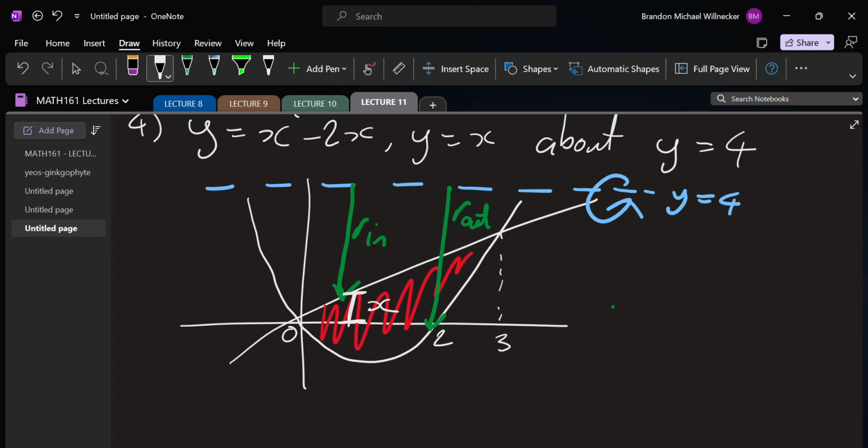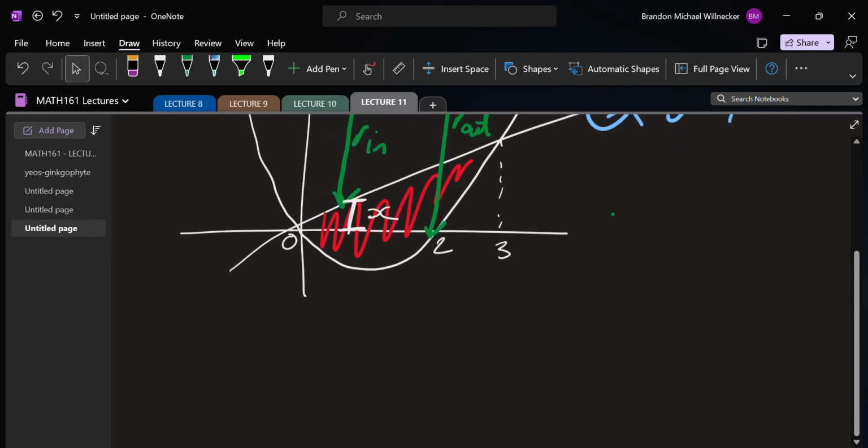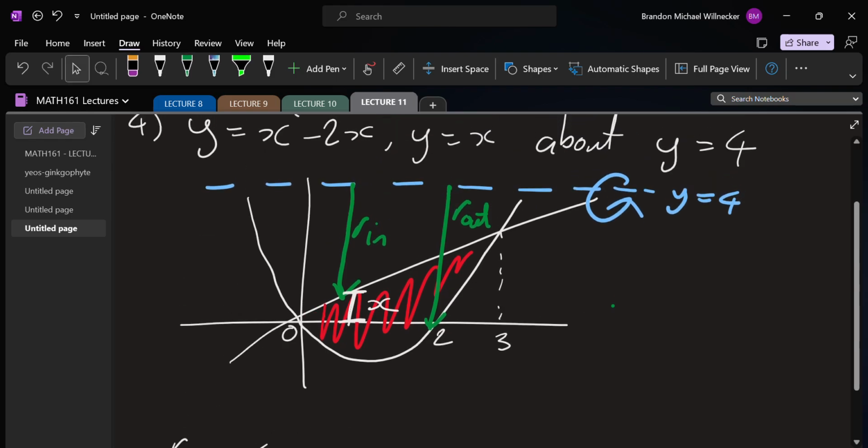Because the line is y equals x. The y value is whatever the x value is, so that height y is just x. The whole distance is 4, so r in is 4 minus x. Does everyone see that? I'll take your silence as yes.